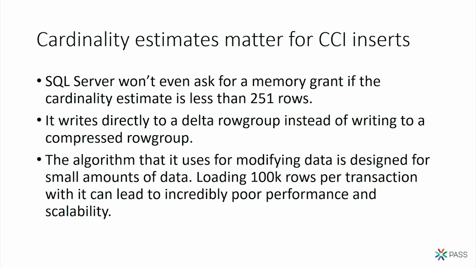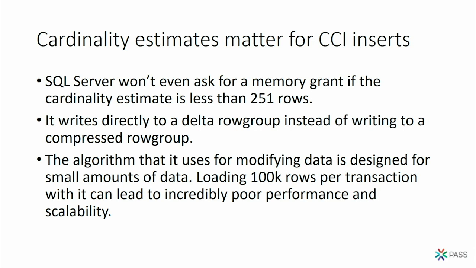So when you insert data into a table, the engine makes a choice about which algorithm it uses to actually do that insert. So if you've ever seen cases where you expected minimal logging and you didn't get it, for example, the most popular reason for that is the cardinality estimate is too low. SQL Server picks an algorithm that doesn't qualify for minimal logging, and then you don't get that.